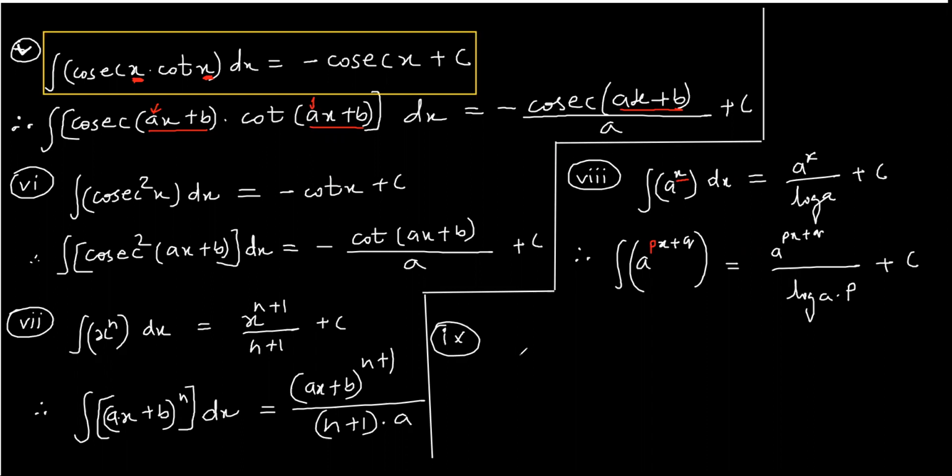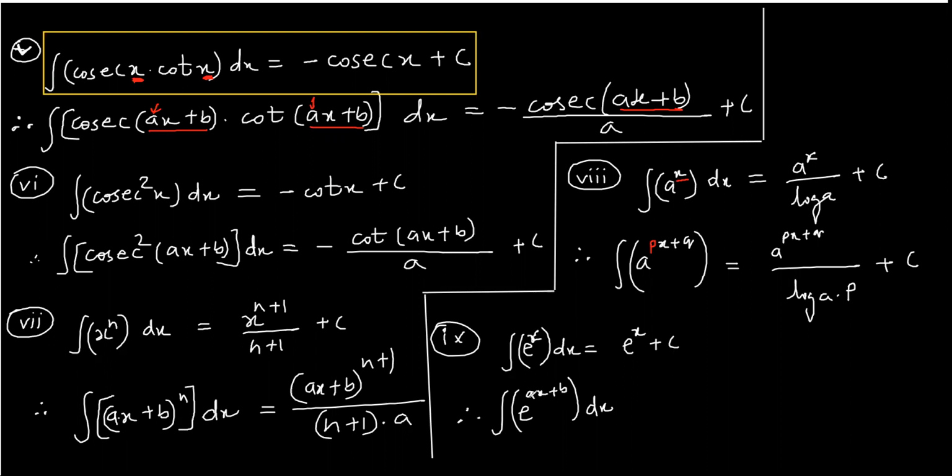Ninth is integration of e raised to x dx. E raised to x dx is e raised to x plus c. So integration of e raised to ax plus b dx. What am I doing? I'm replacing x by, here see, this is f of x, and in this x is replaced by, function isn't changed, function is same, only the variable x is replaced by linear algebraic in x, that is ax plus b.